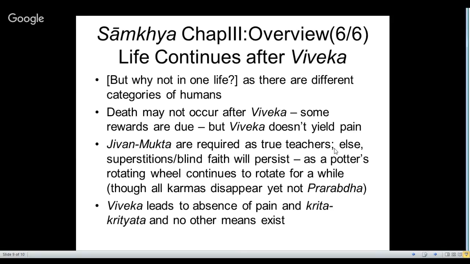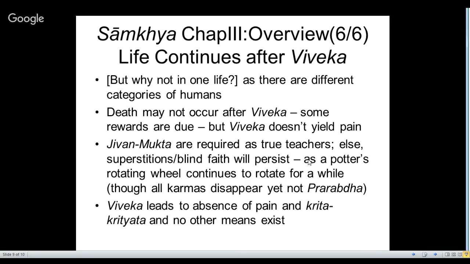These were the teachers who wrote these books which we are talking about, is it not? Otherwise, who would have written the book? Once he becomes qualified, if he dies immediately, how will he write the book? So these are the people who wrote Upanishads, Shaddarshan, etc. And if it is not so, else superstition and blind faith will persist. He is using the word parampara.